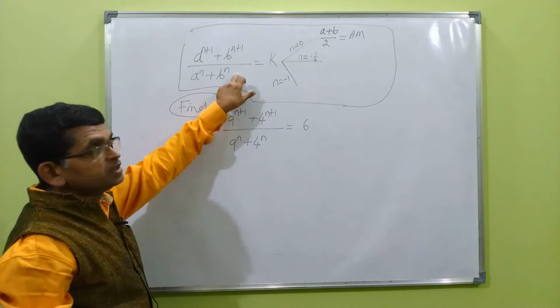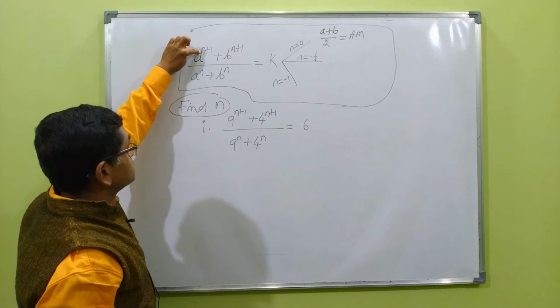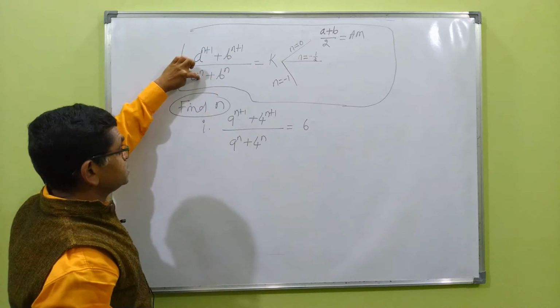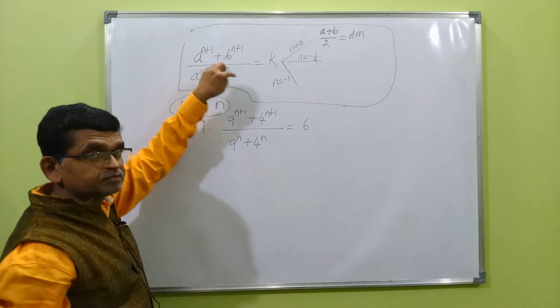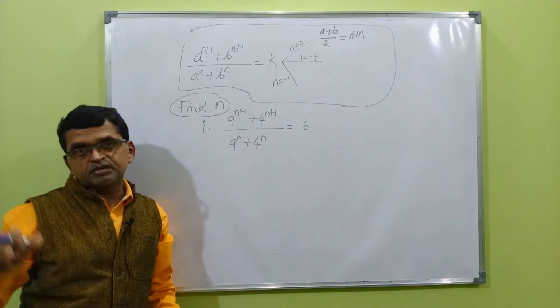If you put n is equal to minus half, what happens? N plus 1 is minus half plus 1, that is plus half. This is also plus half. This is minus half, minus half. Minus half means 1 by root a plus 1 by root b.